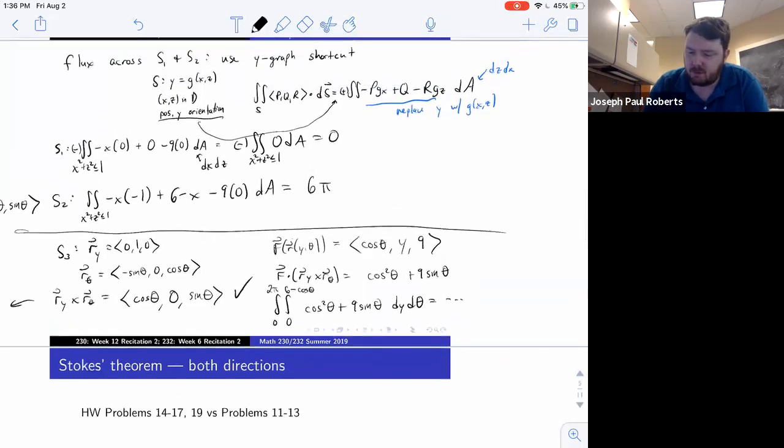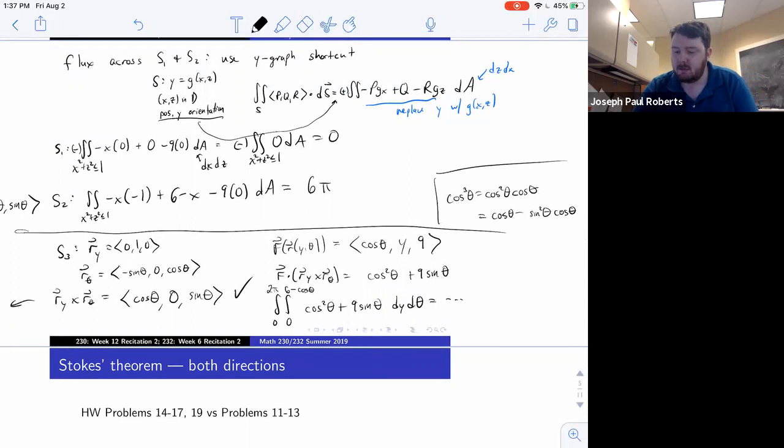But the trick for cosine cubed is, if you write cosine cubed as cosine squared times cosine, that's cosine theta minus sine squared theta cosine theta. So if you use the fact that cosine squared is 1 minus sine squared, so Pythagorean theorem, then you have that.